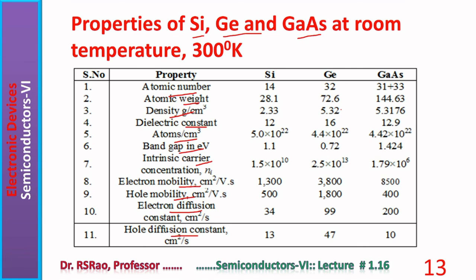These are all important parameters. One has to be well versed with the values of these parameters if one wants to have a grip over the subject of electronic semiconductor devices.